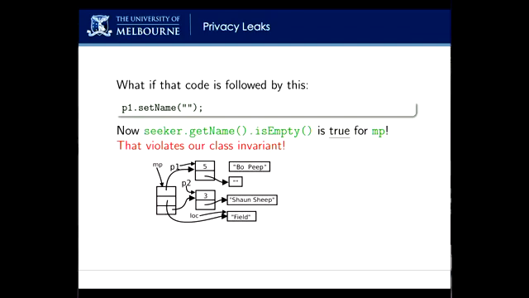We're asserting that we must have a name on the seeker, and in this case it's allowing us to change the name of the seeker to nothing, right? And we need to avoid that. Make sense? Right.